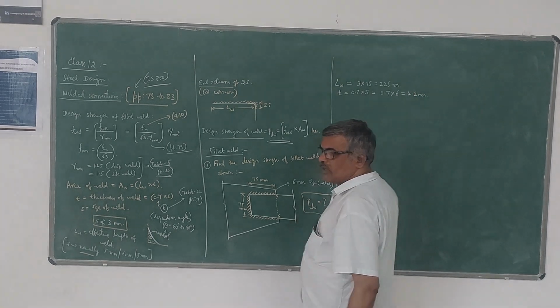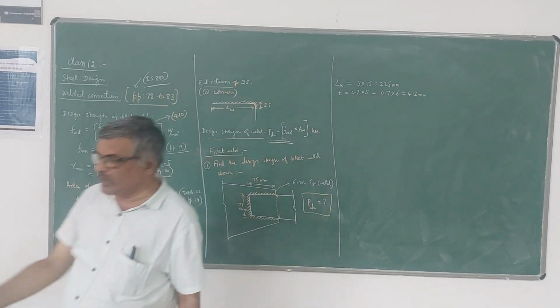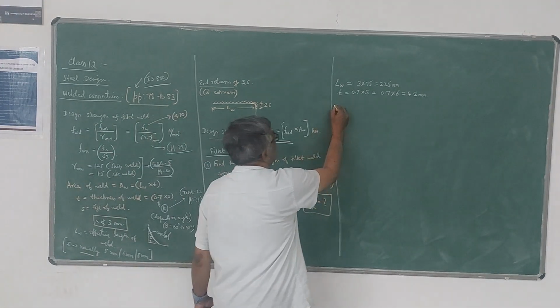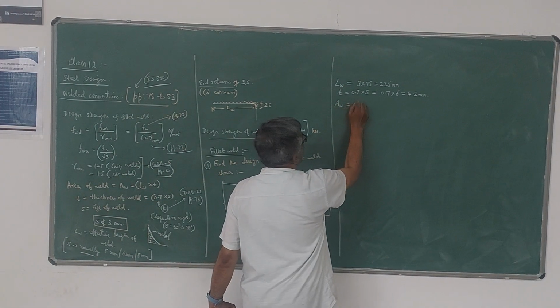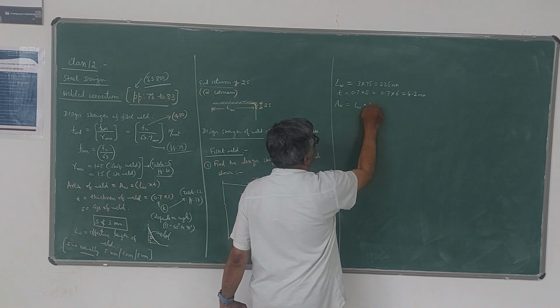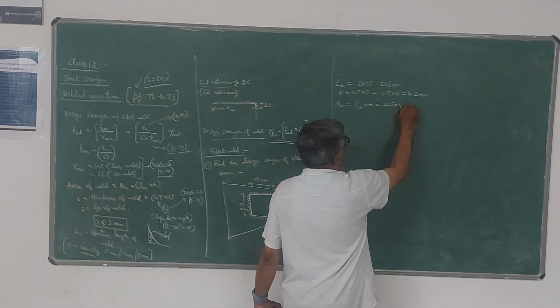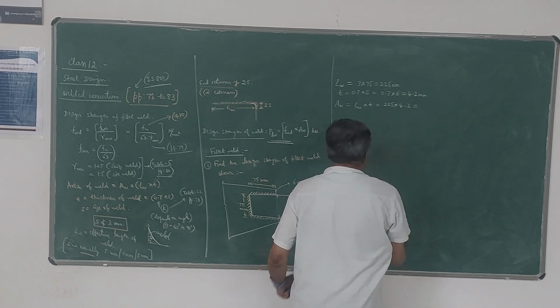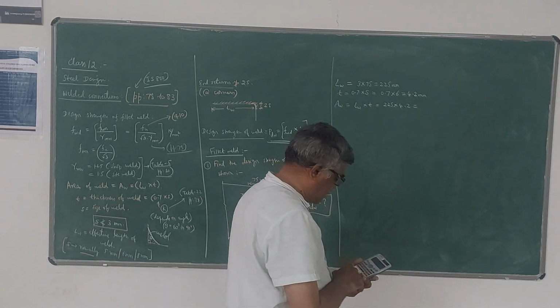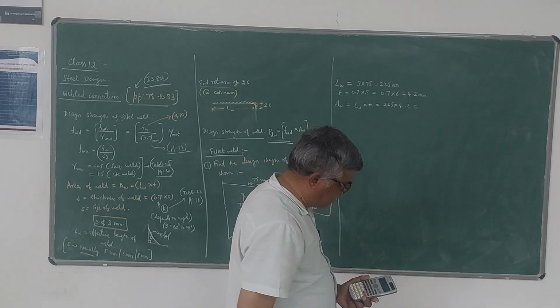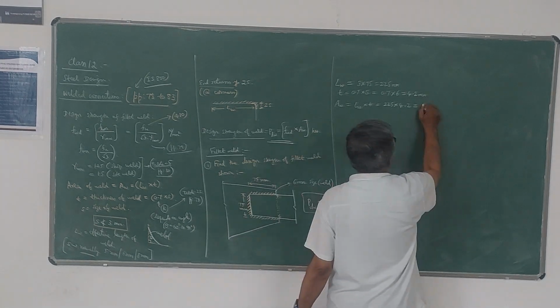When you multiply these two, you get the area of the weld. Area of the weld, AW, is LW into T, 225 into 4.2, equal to 945 millimeter square.